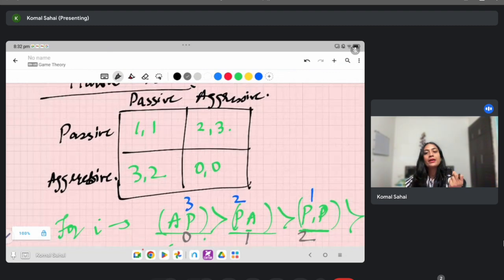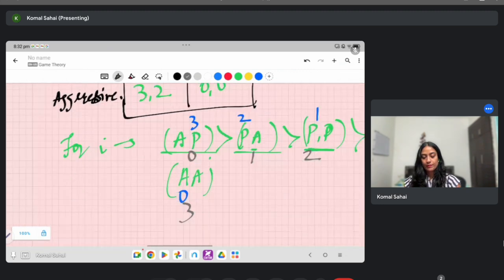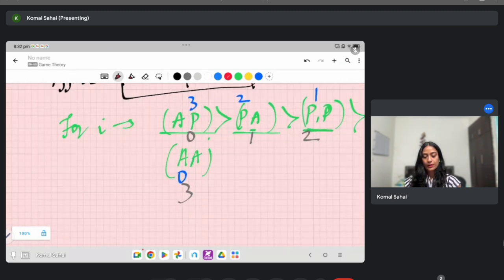In this case also, you will find that again there are two Nash equilibria. You can check this on your own. What you will find is that the two Nash equilibria are passive-aggressive and aggressive-passive. Let's check one of them. Suppose passive and aggressive.